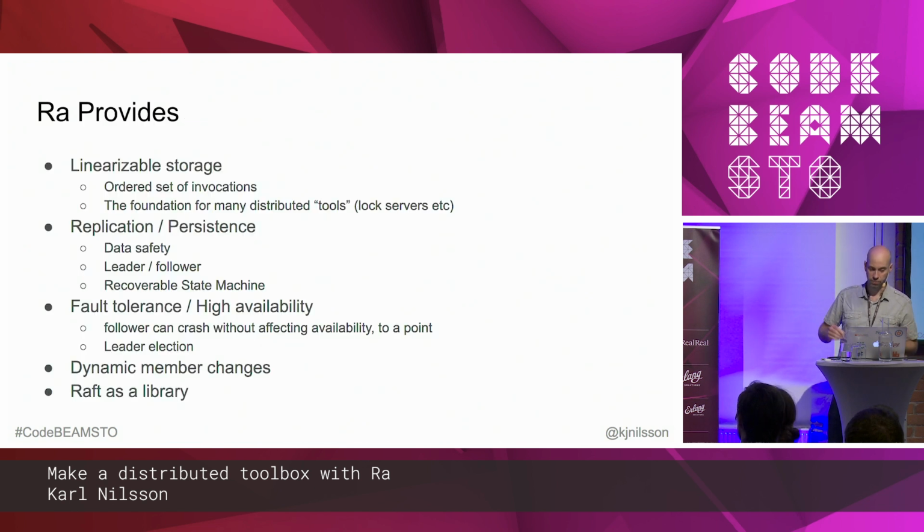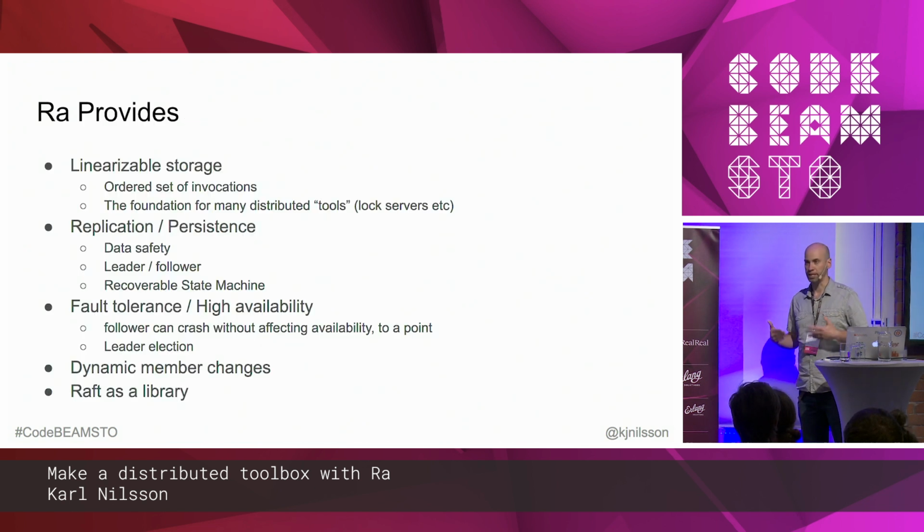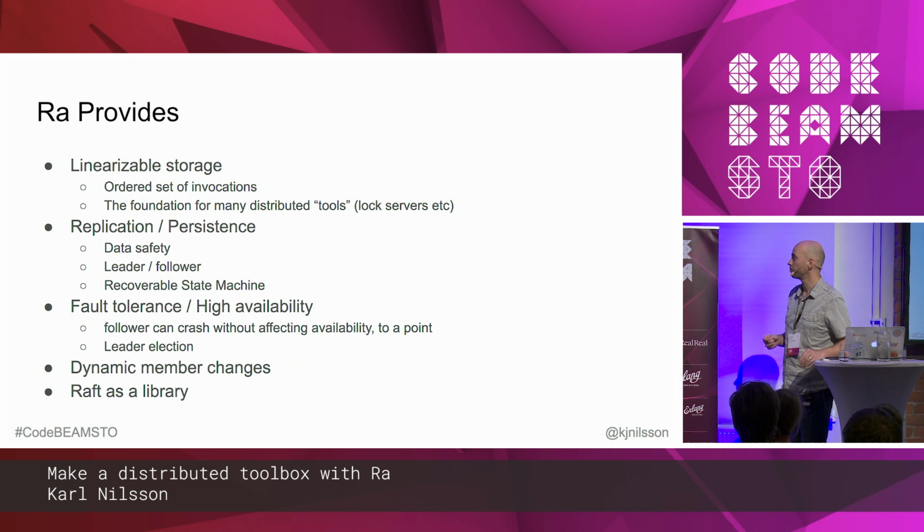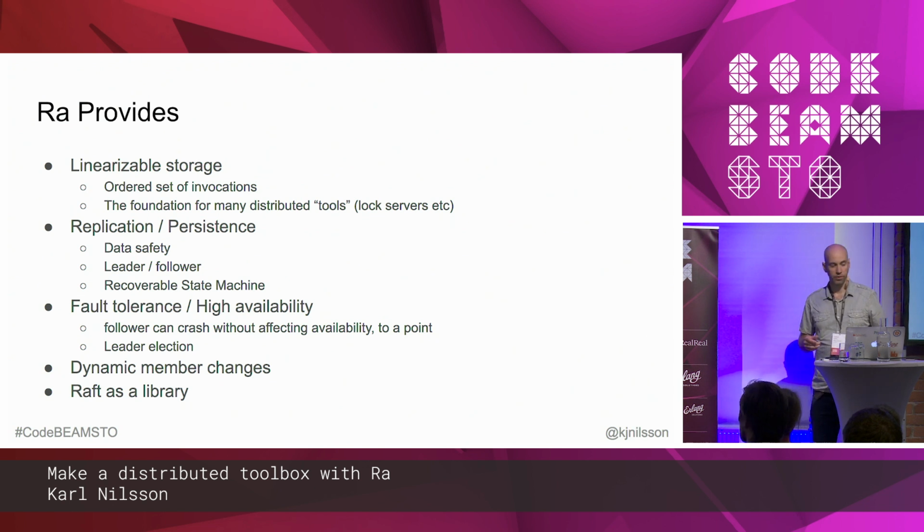So Raft provides linearizable storage, so effectively an ordered set of invocations that's globally ordered. And this is the foundation for many of the distributed tools that you might need in a distributed system, like log servers. It provides replication and persistence, so we can have data safety.